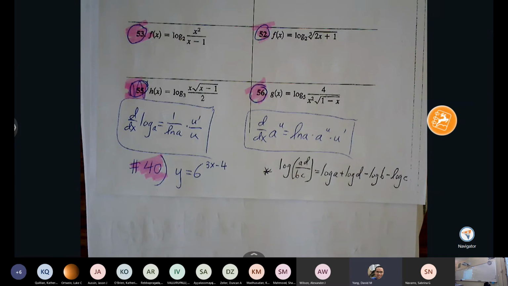Do this, separate these first, do prime, and then you can do that one down once this is separated.